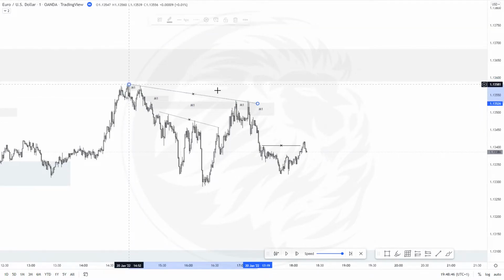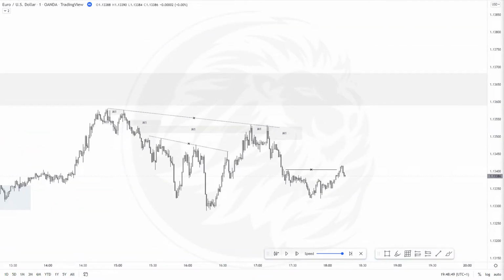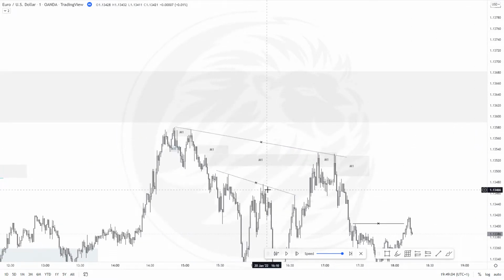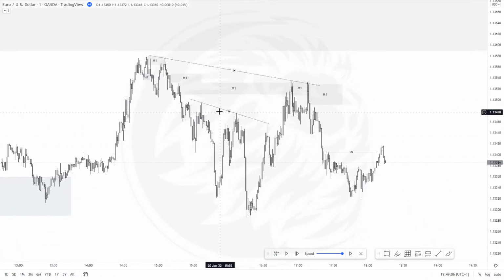As I told you in the video, when you have mitigation like that, it creates side liquidity that the price will use later, and it's absolutely the same here, but in a lower time frame. You have mitigation, a big sweep, and then price falls down.